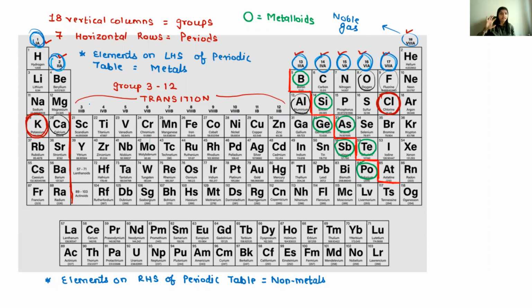Yes, there can be certain formulas which will require the valencies of the elements which are present in this part, the one which I'm circling in an oval, which are the transition elements, but you cannot use the periodic table for that. There are certain elements whose valency you have to remember. The reason is that those elements have variable valency, meaning their valencies change. It can be +2, it can be +3 also.